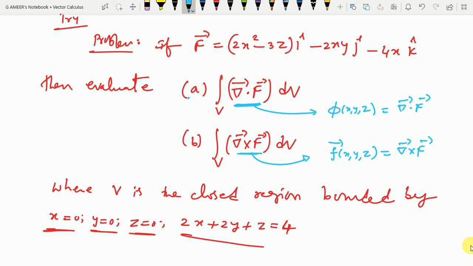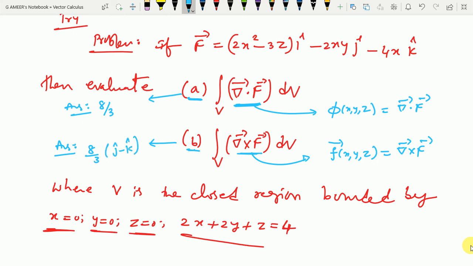For the divergence, I'll get an answer in the form of a scalar. If you need, I'll give the answer also. For this question, after calculation, the answer will come as 8 by 3 volume units. For the curl, the answer will come as 8 by 3 j cap minus k cap.